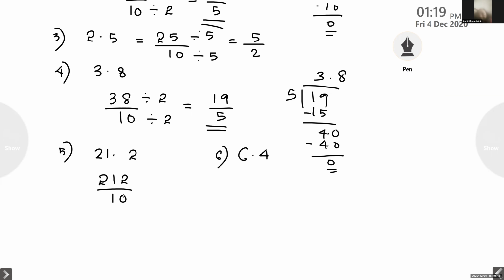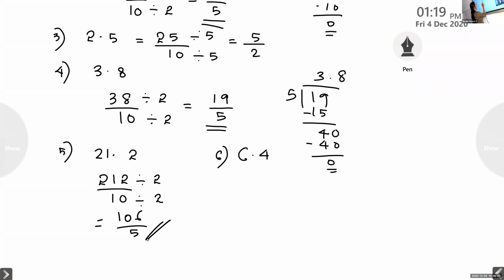Ma'am, next we have to make it to its lowest form. So we can divide by 2. 212 by 2, what is the answer? 106 by 5. Now you cannot reduce. This is the simplest form. Isn't it? Okay, I will write here 106 by 5.